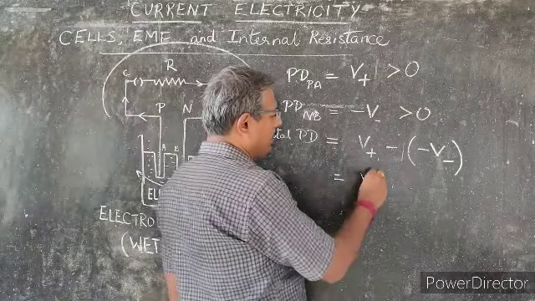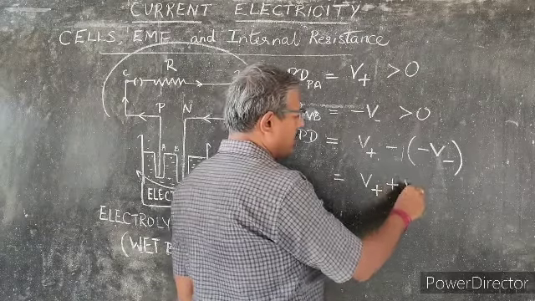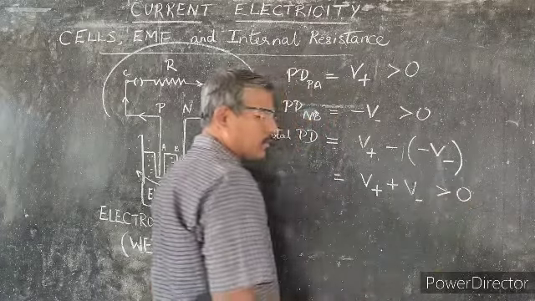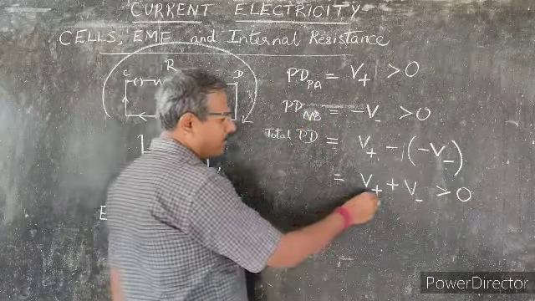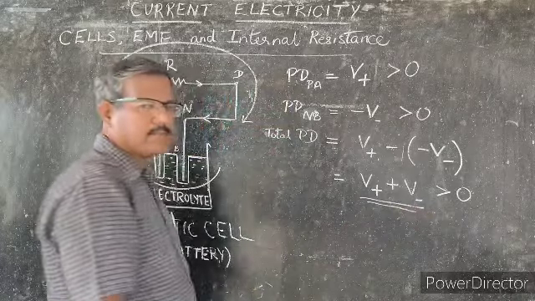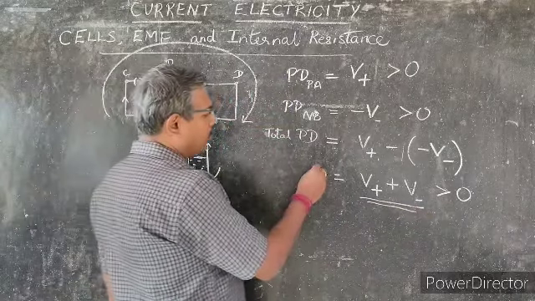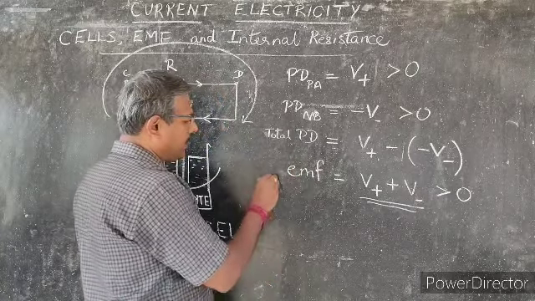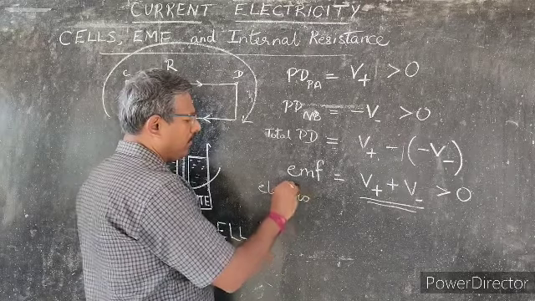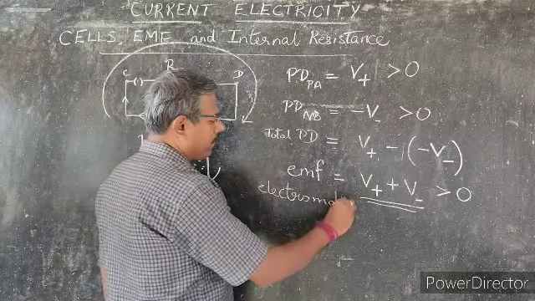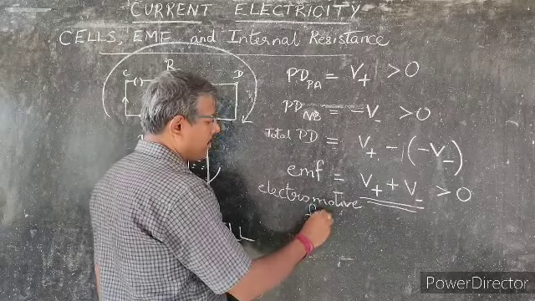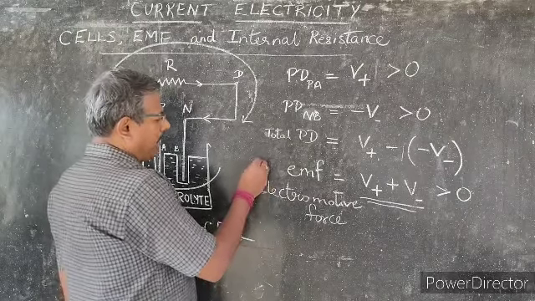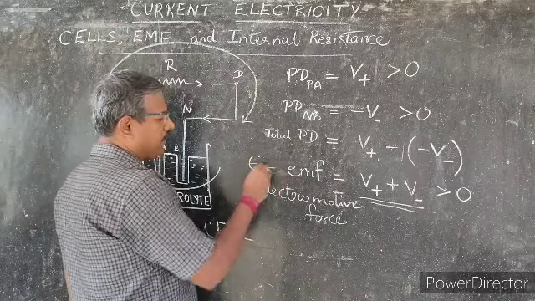So this comes out to be V plus V minus, which should be greater than 0. This potential difference is called EMF, or electromotive force. It's represented by the Greek letter epsilon.